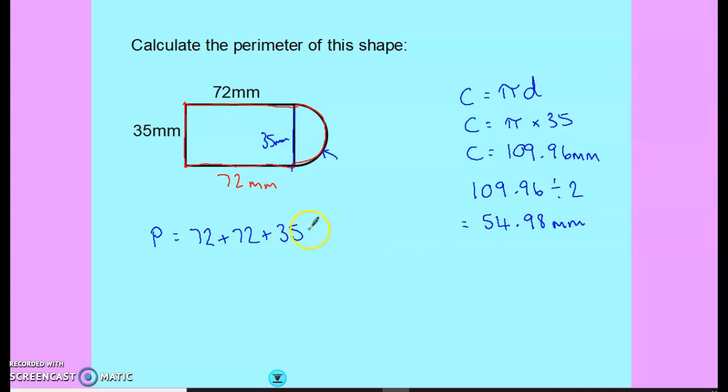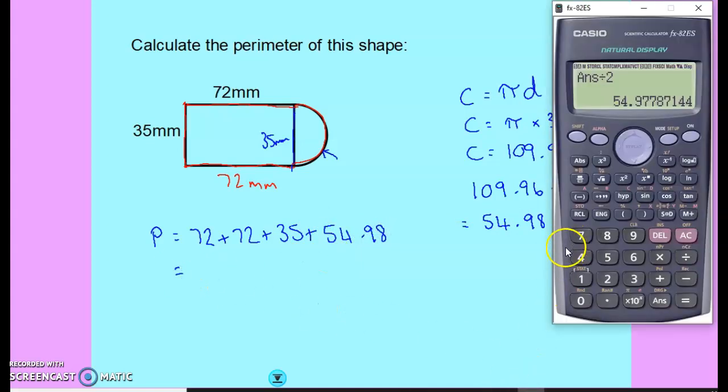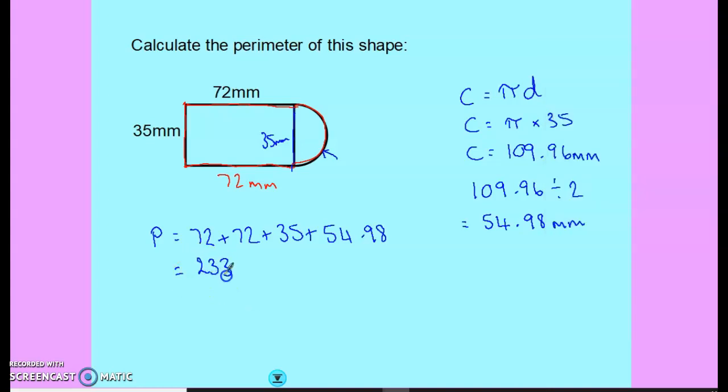So I need to add that 54.98 onto the rest. I get 233.98 millimeters.